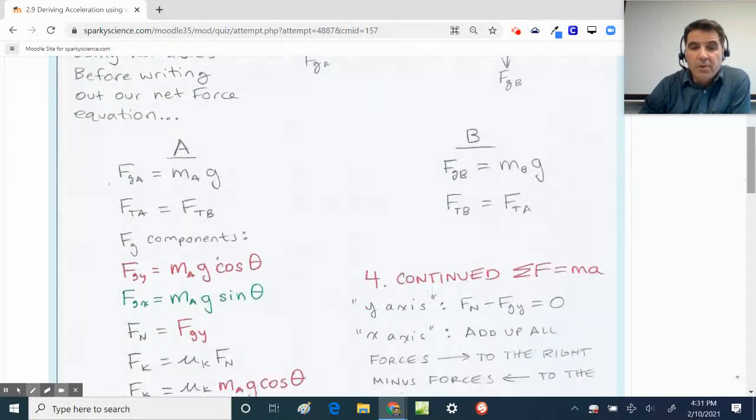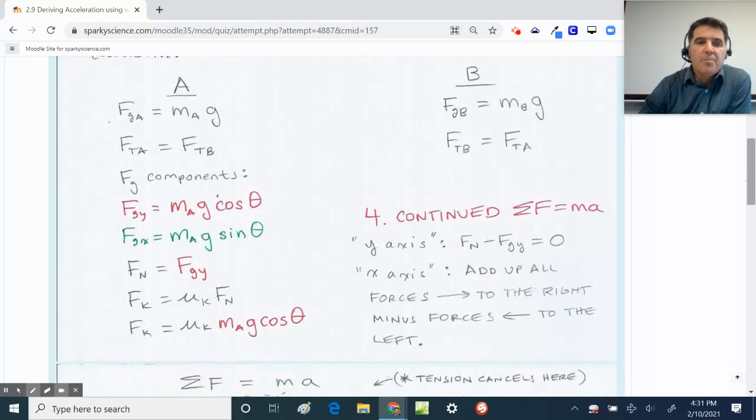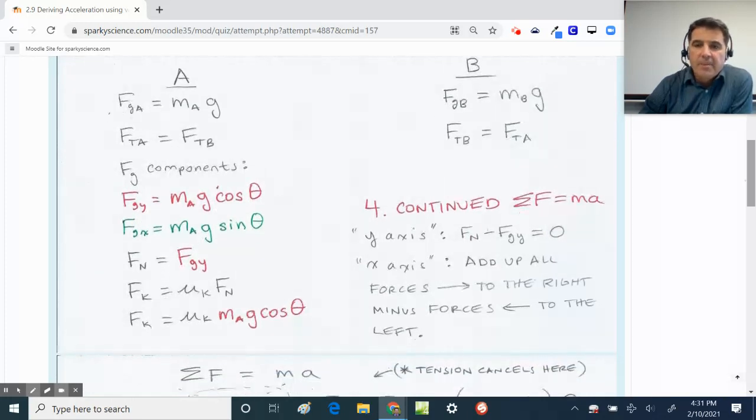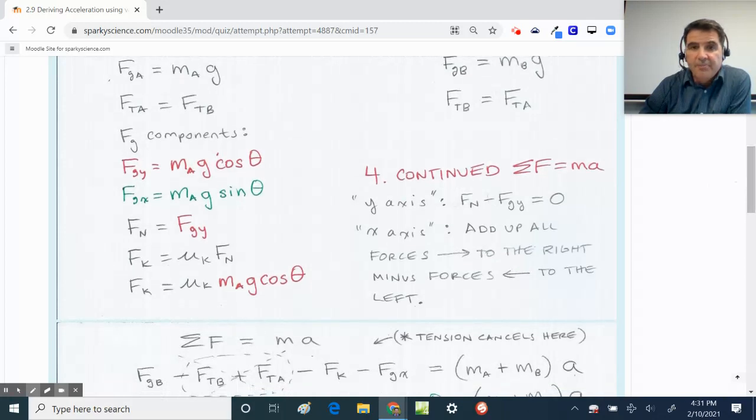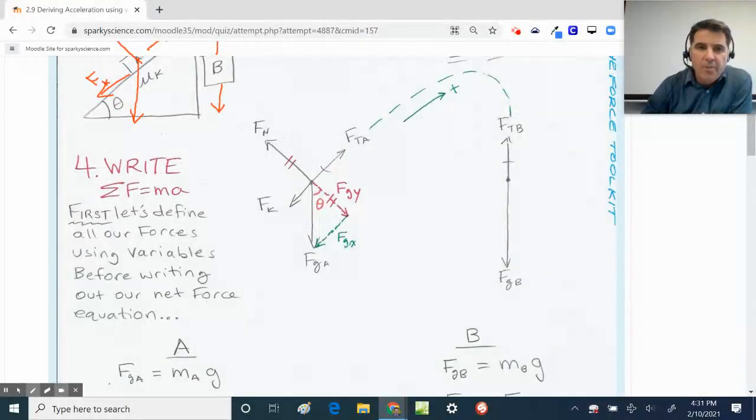So now I want to go back to making a statement about the net force being mass times acceleration. In the y-axis, which is the only part that's off axis right here, if my y is along this axis, that's the only part that is not in the plane of motion.